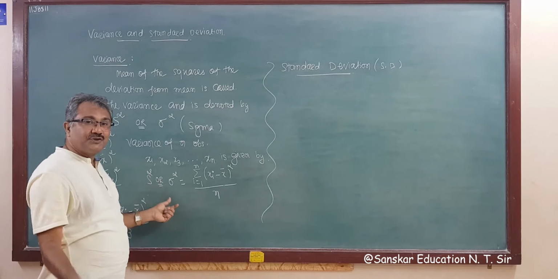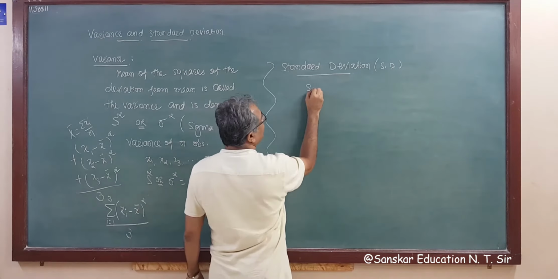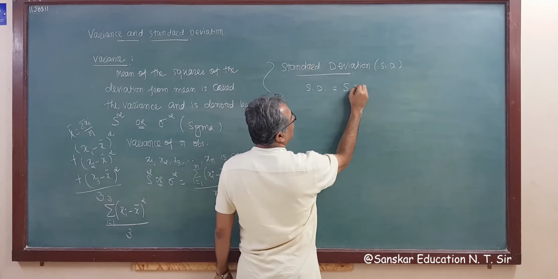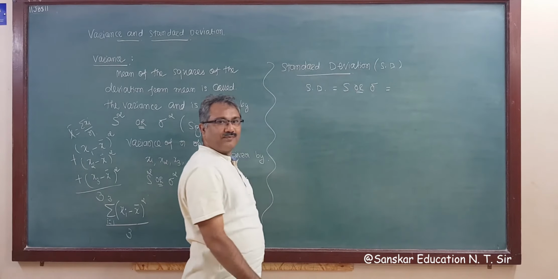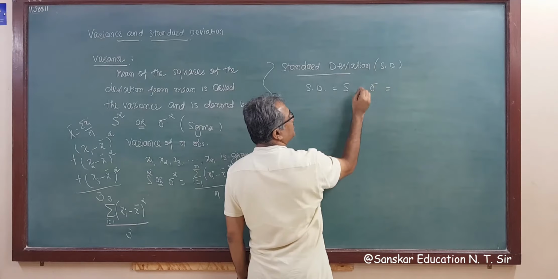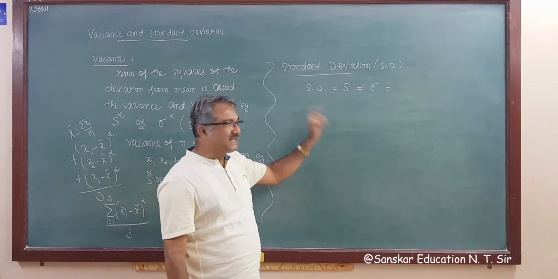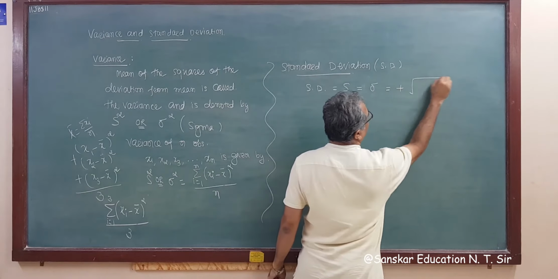So standard deviation, S or sigma, is equal to the positive square root of the variance. These are all notations.